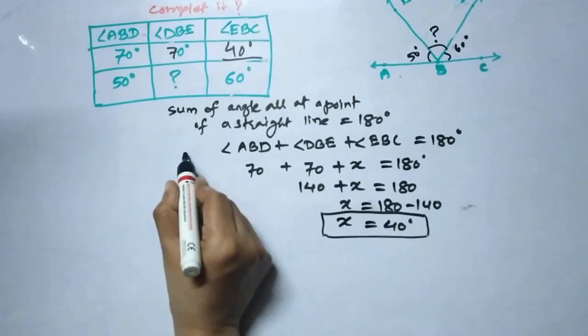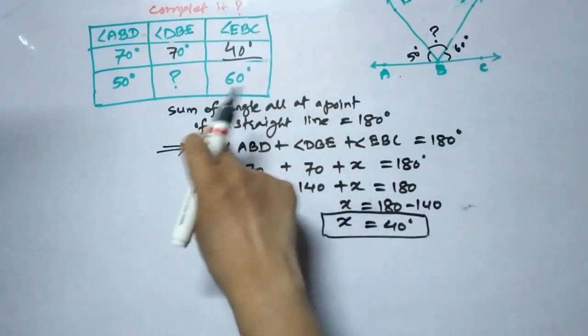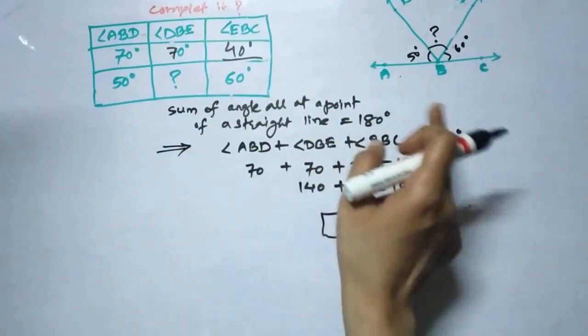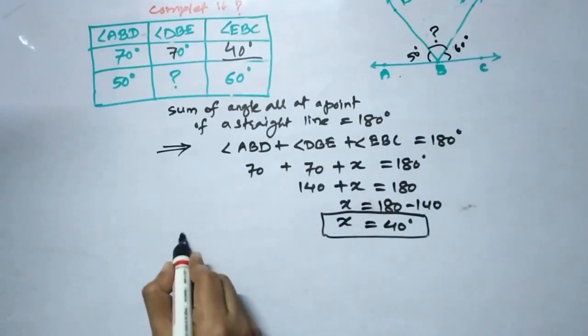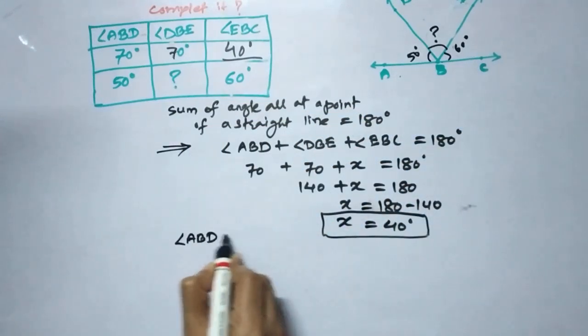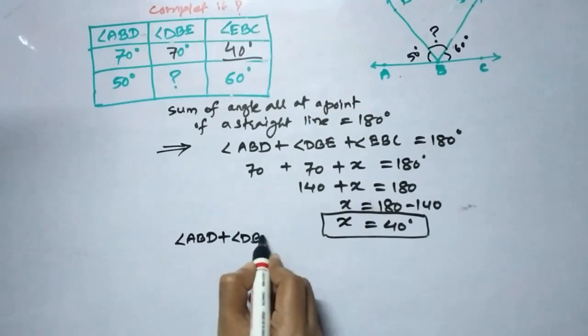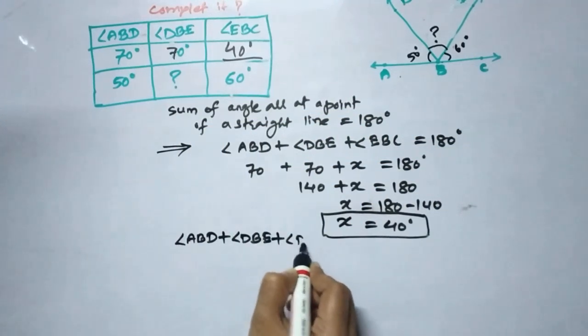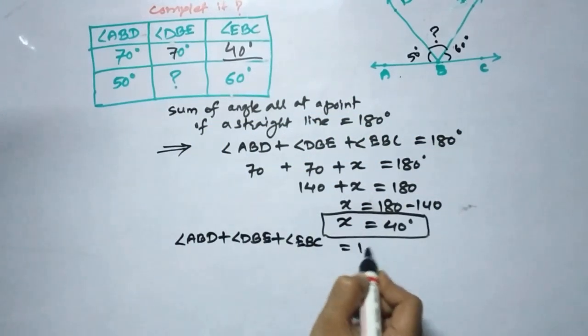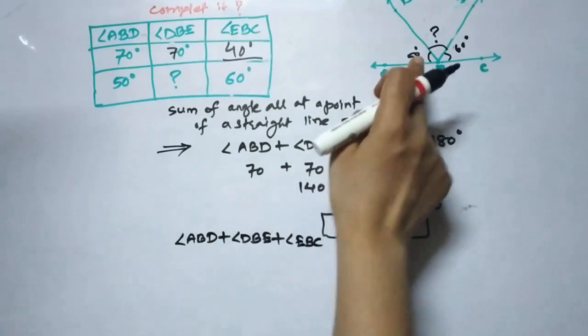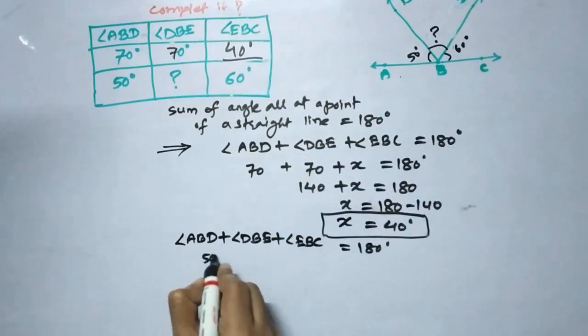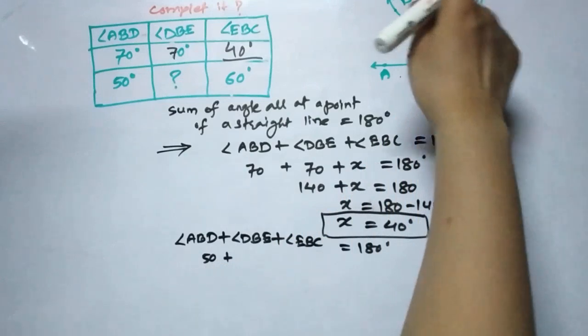So again we'll use the concept that the sum of all angles at a point on a straight line gives 180 degrees. So angle ABD plus angle DBE plus angle EBC is going to be 180 degrees.